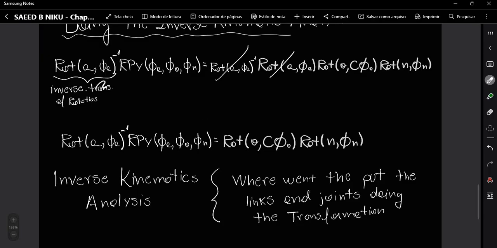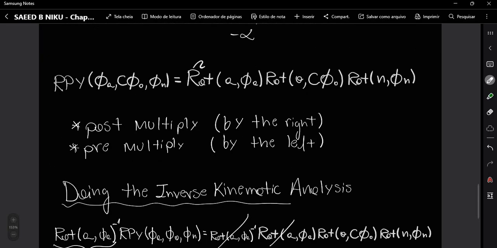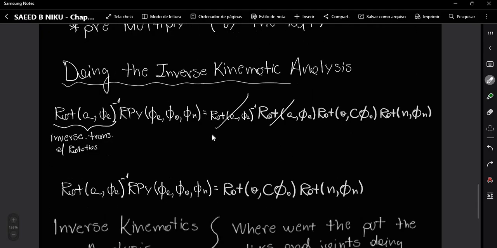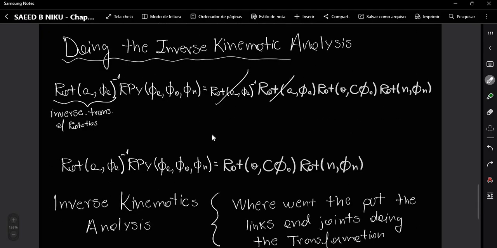So right here we have multiplied both sides of this equation by the inverse of this rotation above the a-axis.